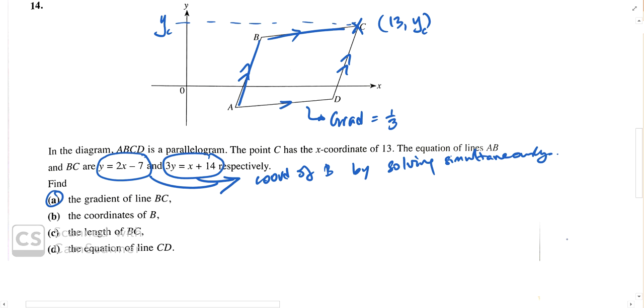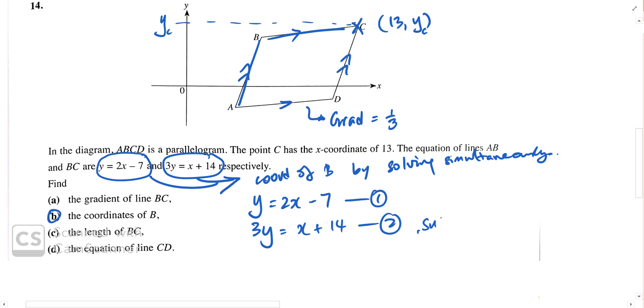So part B, as expected, we have to find the coordinates for B. So y equals 2x minus 7, equation number 1. 3y equals x plus 14, equation 2. So substitute 1 into 2.